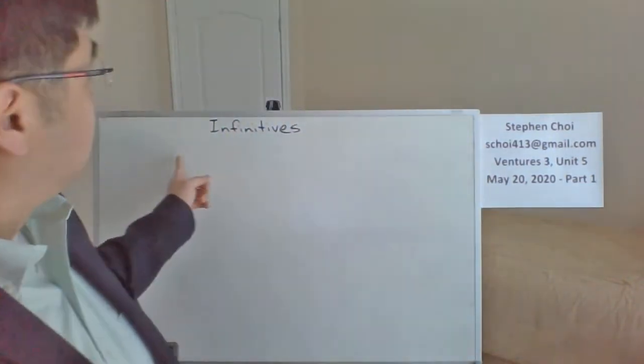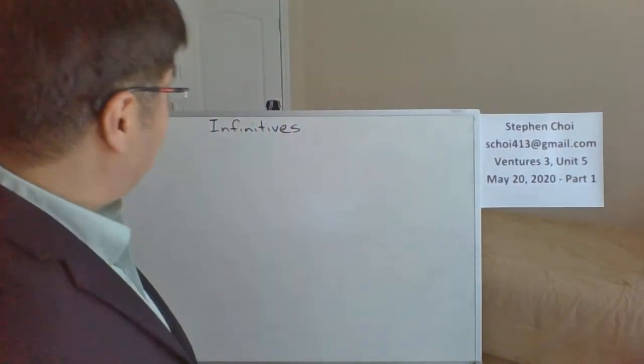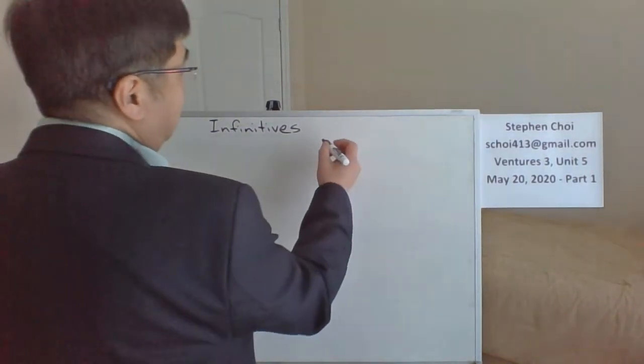Okay, we're going to be looking at Unit 5 today. But before we get into the book, I want to talk about infinitives. So what are infinitives? First of all, how do we make an infinitive in English?